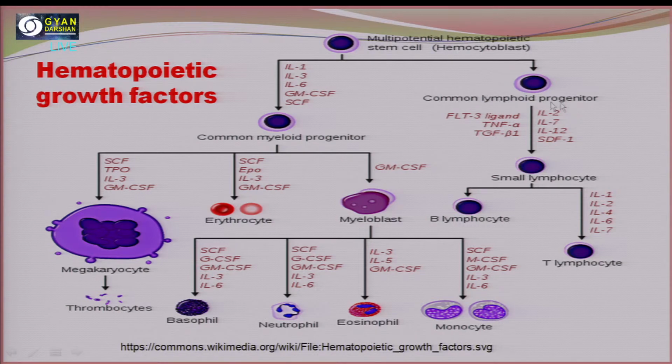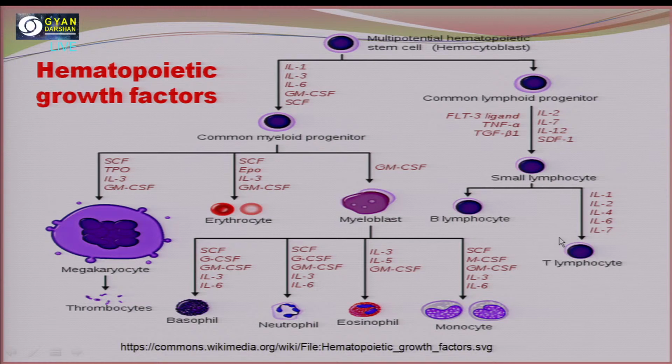Another is the common lymphoid progenitor. There are various growth factors like interleukin 2, interleukin 7, interleukin 12, and CSF. They are able to convert into small lymphocytes like B lymphocytes. And here, IL-1, IL-2, interleukin 6, and interleukin 7 are able to convert into the T lymphocytes.